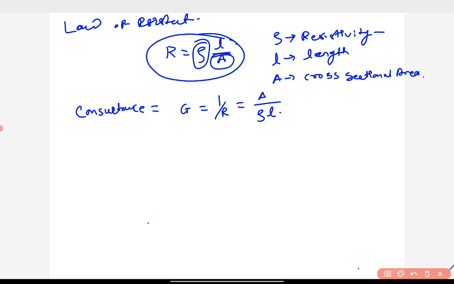The property of conductance to carry the electric current is known as conductivity. Through this conductivity our current will flow.